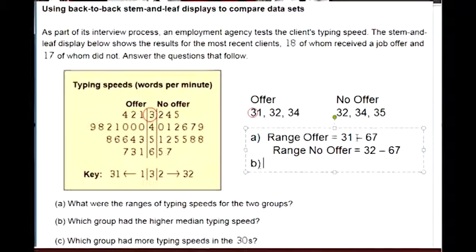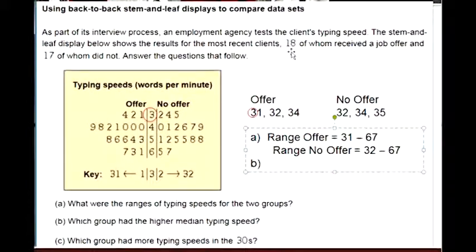Okay? So question B, which group had the higher median typing speed? Well, median is the middle value. So on the left side, 18 received a job offer. So the middle value would be between number 9 and number 10, because 18 splits exactly in half, 9 and 9.